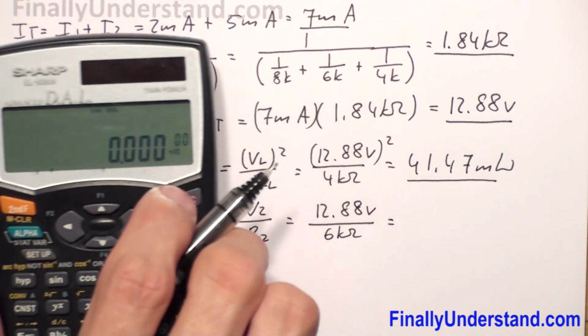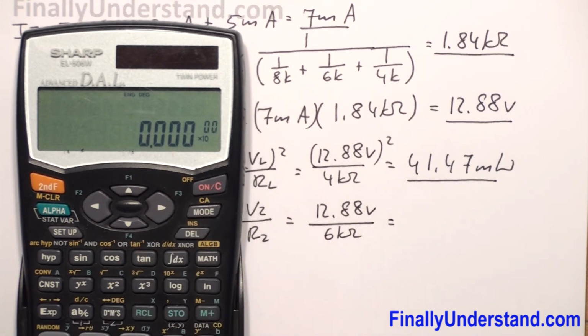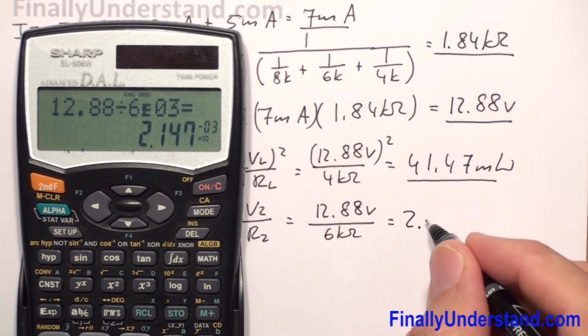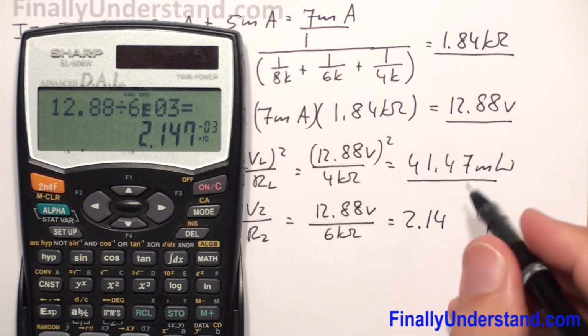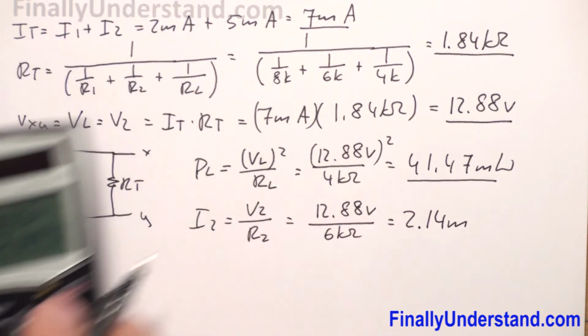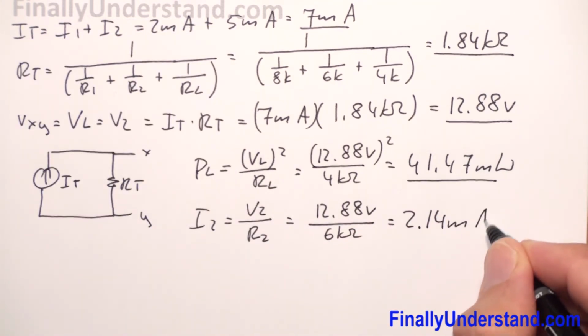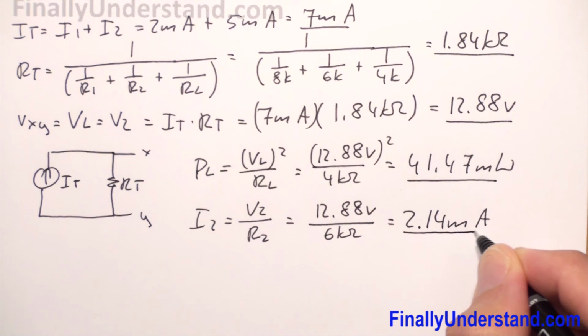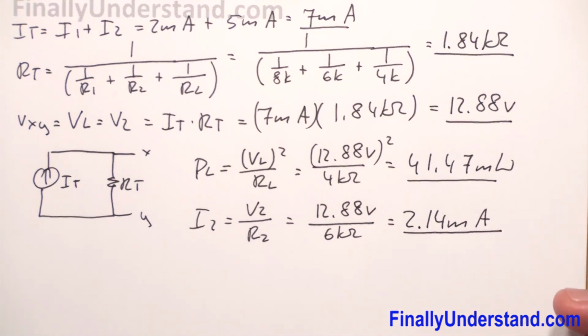This is equal to 12.88 divided by 6 exponent 3. This is equal to 2.14 milliamps. So this is the value of my I2.